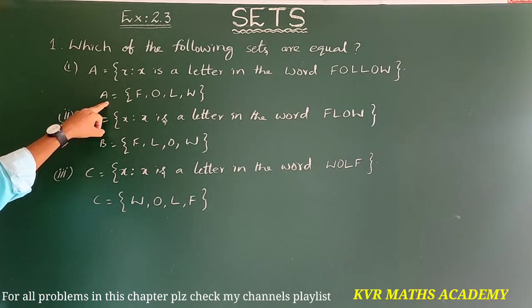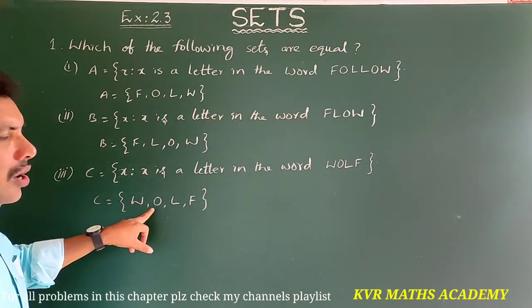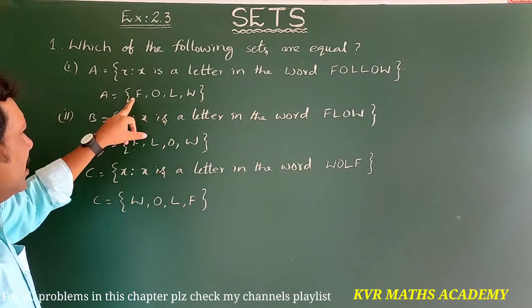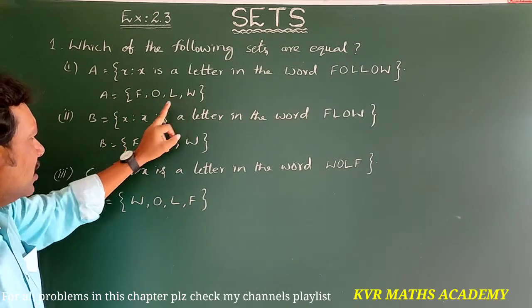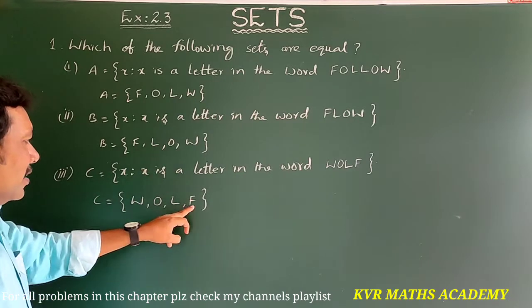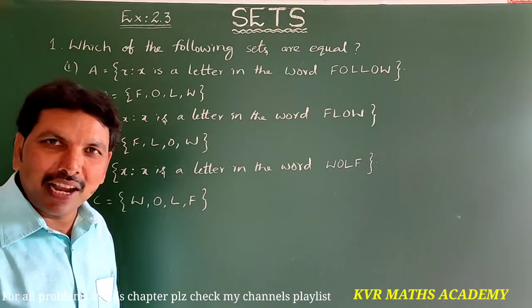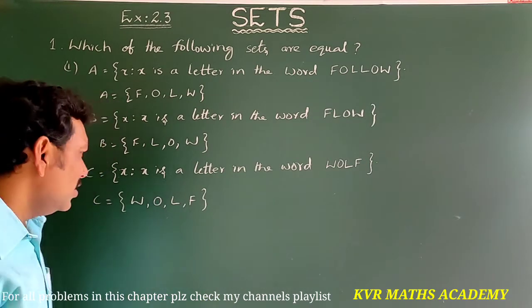Observe these carefully here. Sets A, B, C consist of the letters F, O, L, W. Here F, O, L, W, here also F, O, L, W. So are these three equal or not? Exactly.